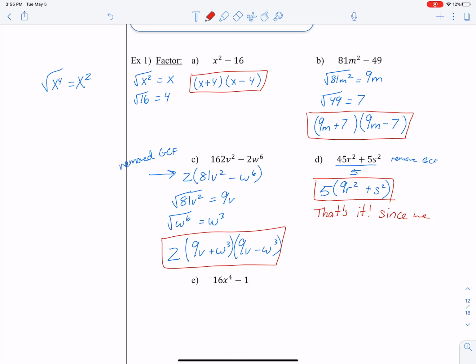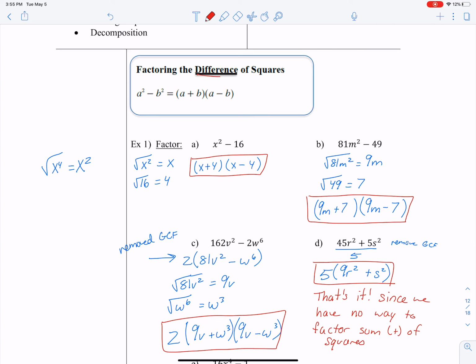Since we have no way to factor a sum, which is plus, of squares. Okay, this is called difference of squares, meaning this needs to be negative. You can't do it if it's positive.